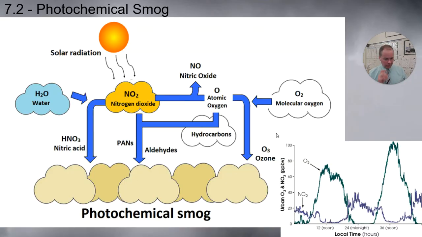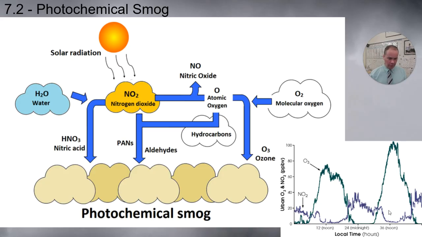In this next graph, we can see another model that is a little bit simpler. Again, it shows the nitrogen dioxide that's released from car exhaust and other sources. One of the oxygens gets stripped off to form nitric oxide and then ozone. Those aldehydes, hydrocarbons and PANs are what form the photochemical smog.